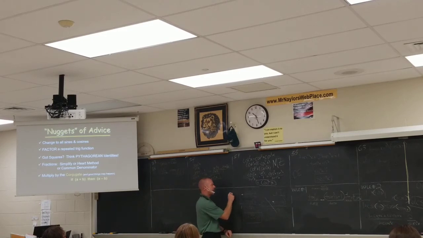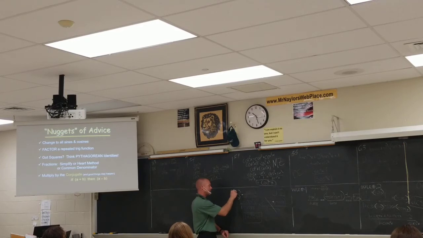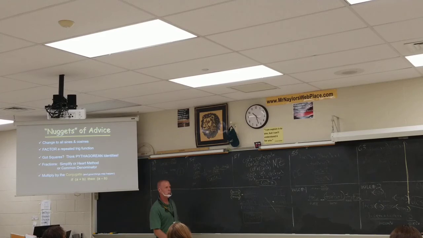But I can multiply by whatever I want as long as I'm doing it legally, like to the top and bottom. Now check this out. If I multiply the top and bottom by the conjugate, now that would be 1 plus cosine. Something good's going to happen.